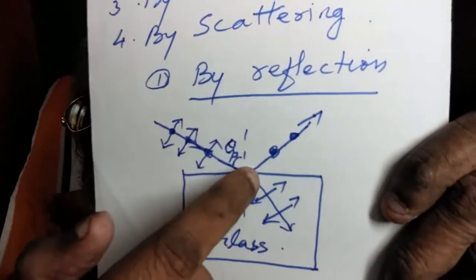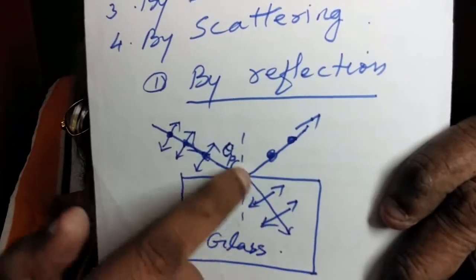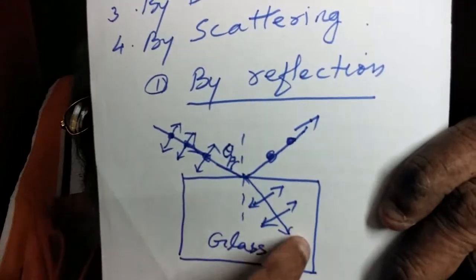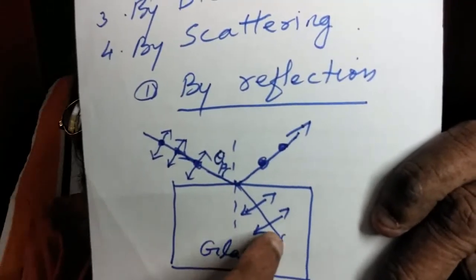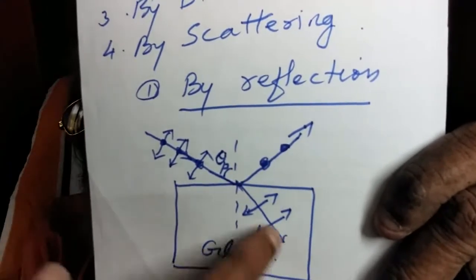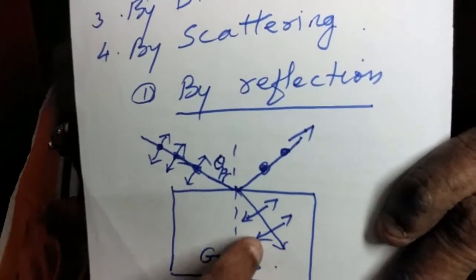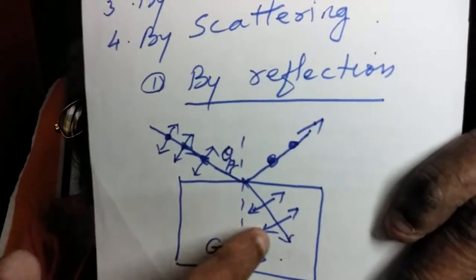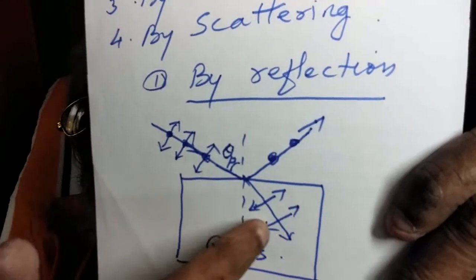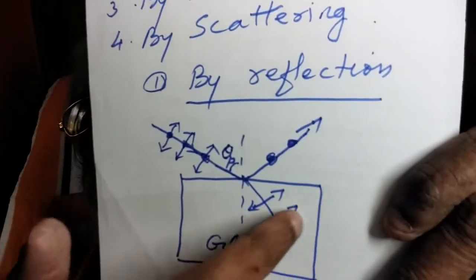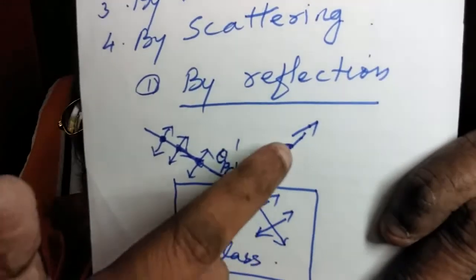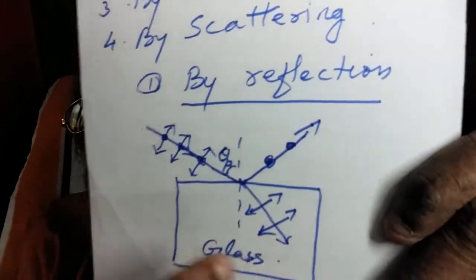The transmitted light or refracted light will also be plane polarized in the perpendicular plane. Here the refracted light contains vibrations parallel to the plane of incidence. So these two plane polarized beams are called orthogonal forms of polarized light.